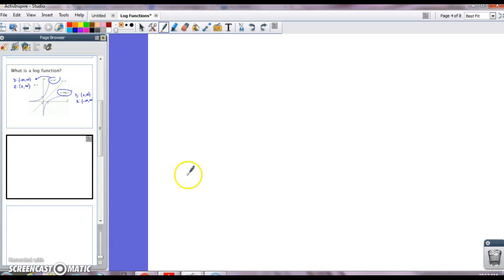Well, if I have the exponential function y equals b to the x, to find the log, you just take the inverse of that. The inverse is just switching x and y. So if I switch x and y, I end up with x is equal to b to the y.